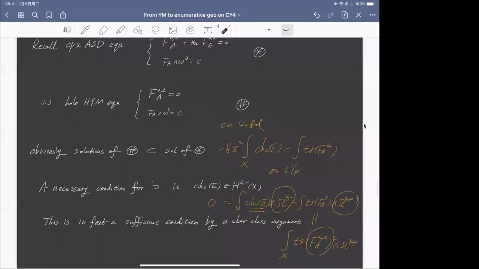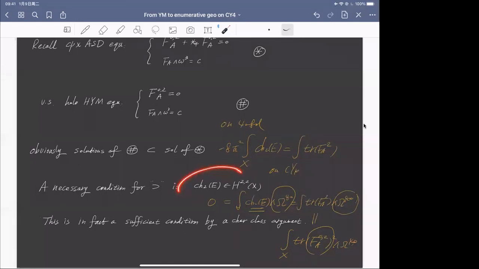This is not a bad condition, because this is exactly the setting of complex geometry or algebraic geometry, since the setting we start with is already holomorphic. But this is not a condition anymore.